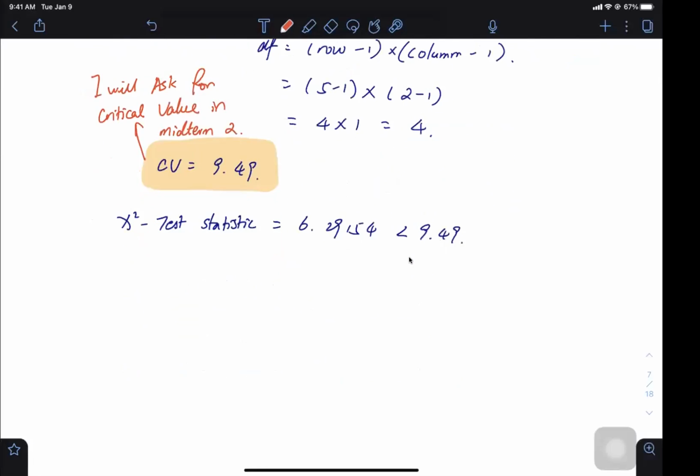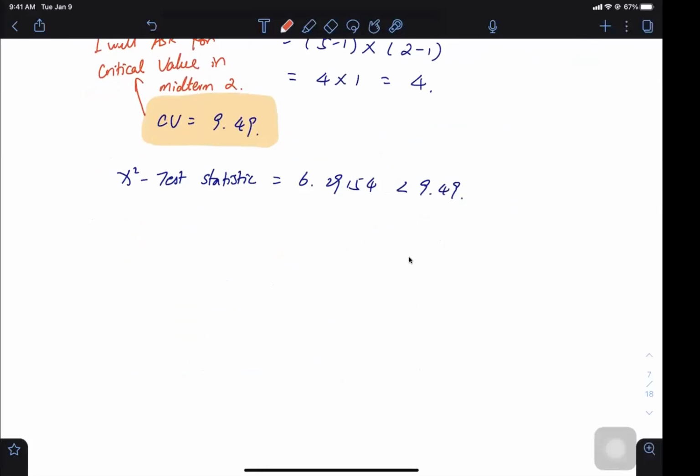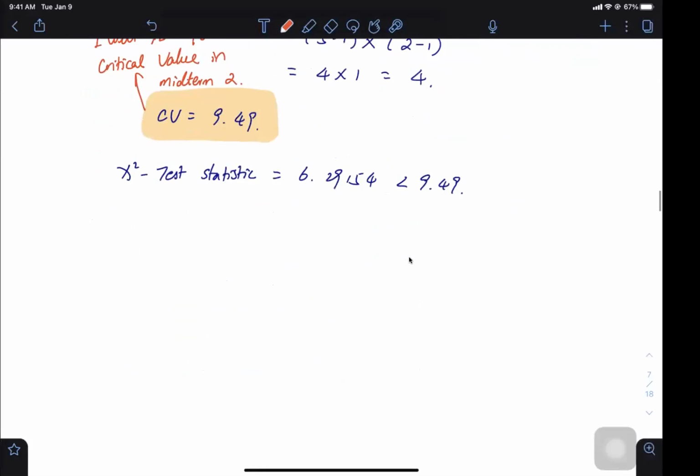And then the chi-square statistic is this, because it's less than 9.49, which is less than the critical value.